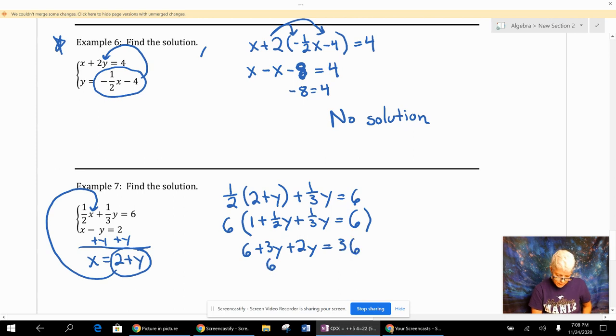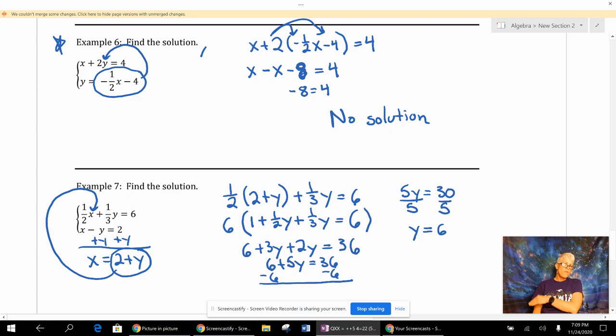Okay, 6 plus 5y equals 36. Subtract 6, subtract 6. We have 5y equals 30. This is actually going to work out kind of nice. Divide by 5, divide by 5. Y equals 6. So fun.